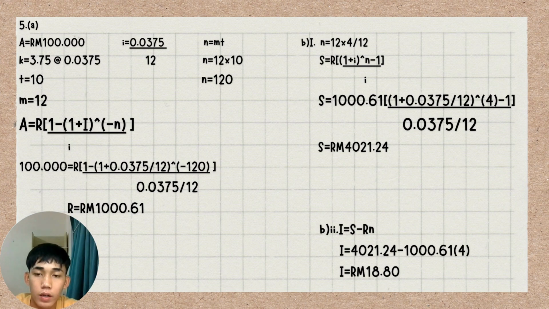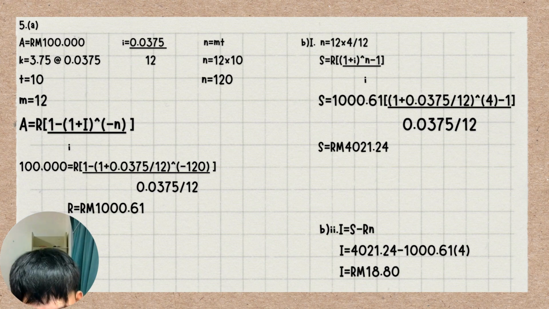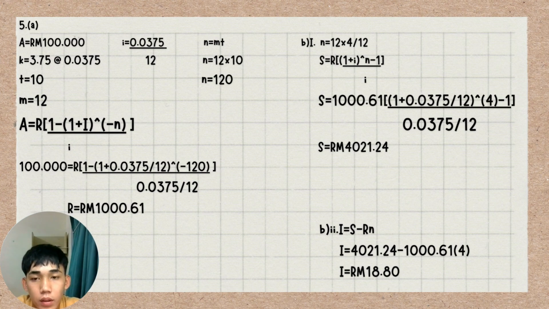So the formula to solve this question is S equal to R times 1 plus i to the power of n minus 1 over i.